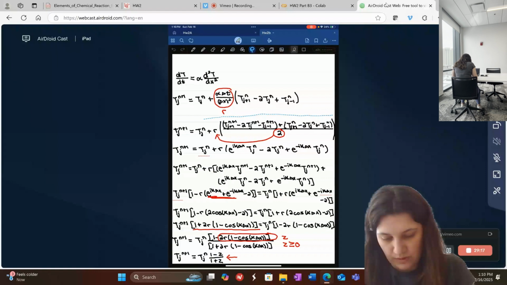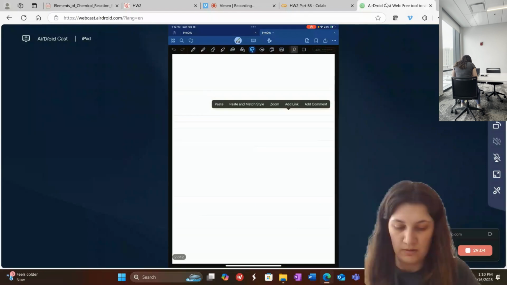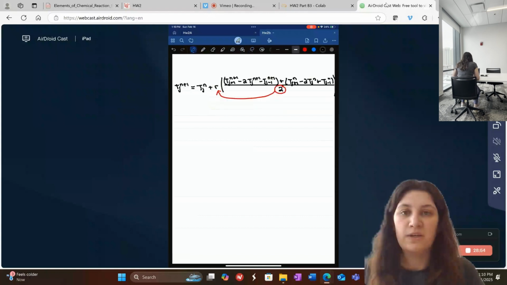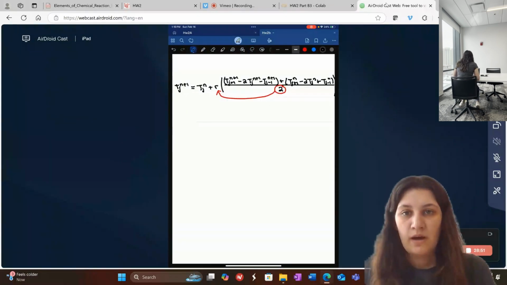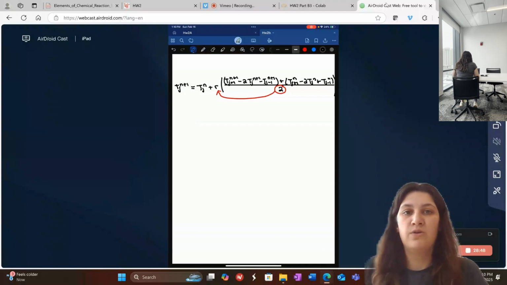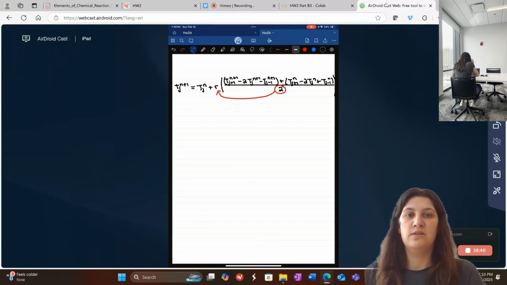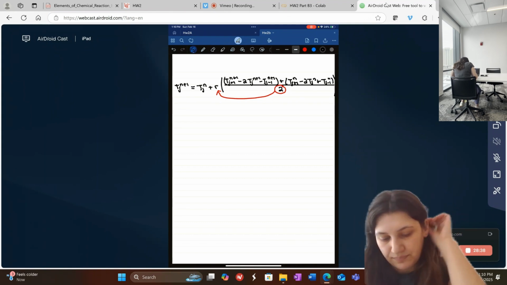Just move that over here for reference. And just like before, we do want to keep that 2 lumped in with the r. But now we want to move our knowns and our unknowns onto opposite sides. So we're going to put our T_j^(n+1)s on the left-hand side of the equation and our T_j^n's on the right-hand side of the equation.